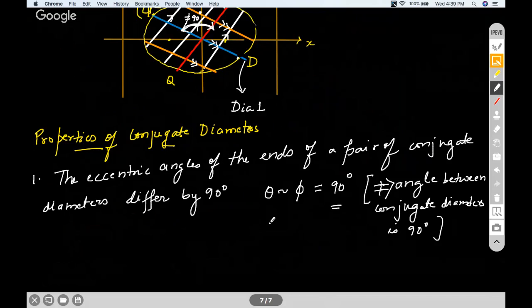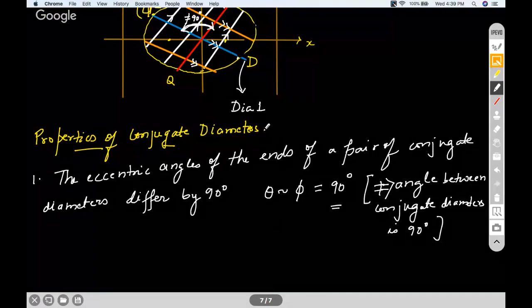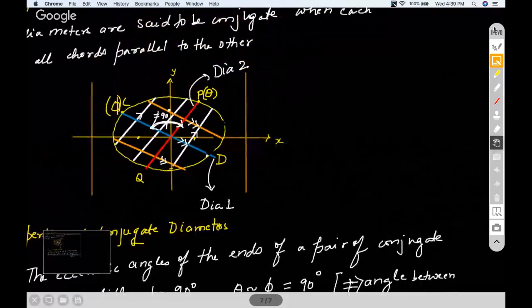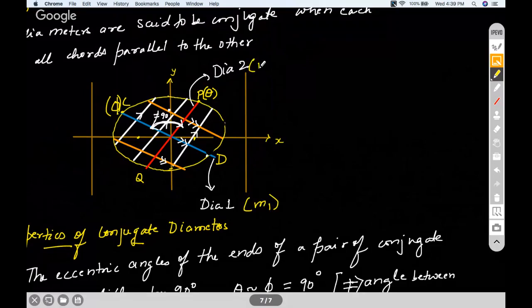All right, guys. So let's discuss this first. Before you prove anything else, I would like you to just try and prove this. Let's say the slope of diameter 1 is m1, and slope of diameter 2 is m2. Try proving that m1 m2 is minus b square by a square. That's the number one step.